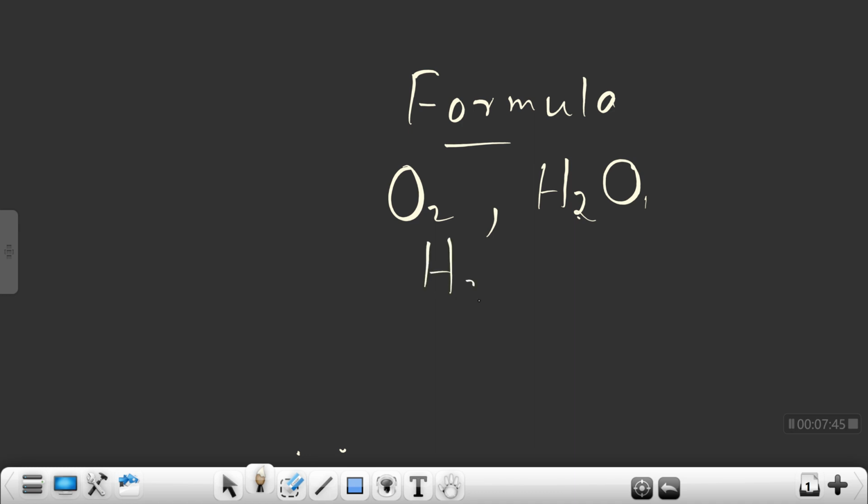And see another molecule, H2SO4. Do you know this? Which is this molecule? It is sulfuric acid. It is the strongest acid. It contains 2 atoms of hydrogen, 1 atom of sulfur, and 4 atoms of oxygen. And one more thing, carbon dioxide. It contains 1 atom of carbon and 2 atoms of oxygen.